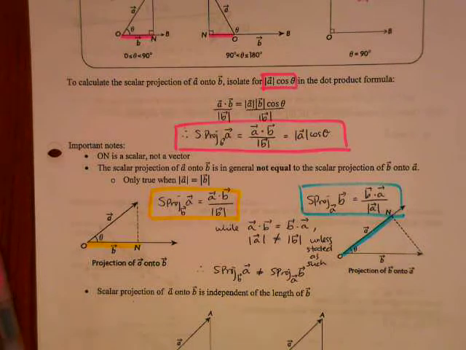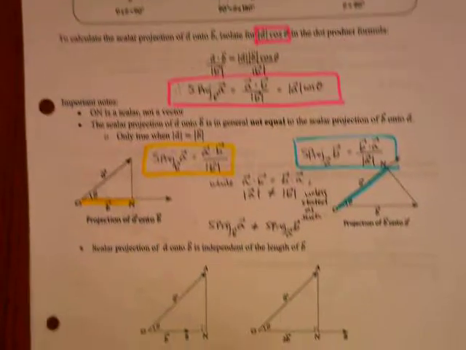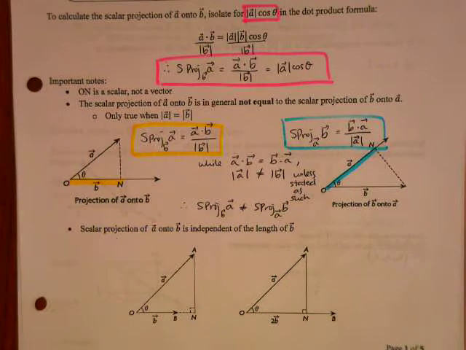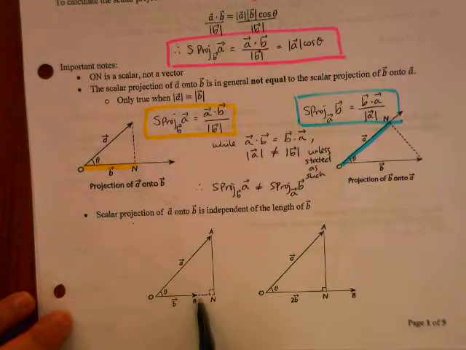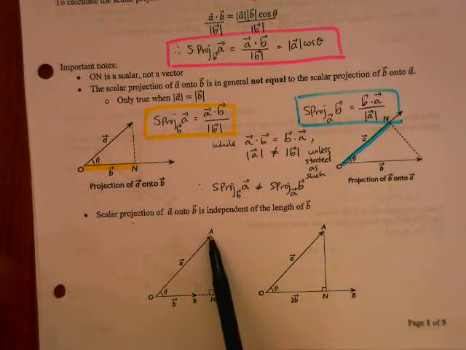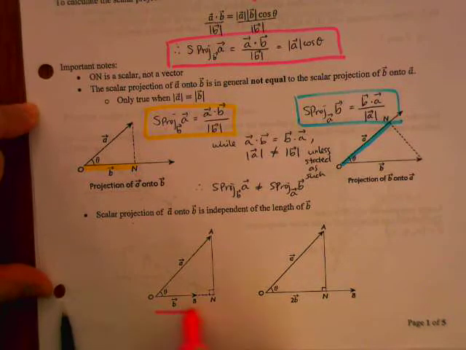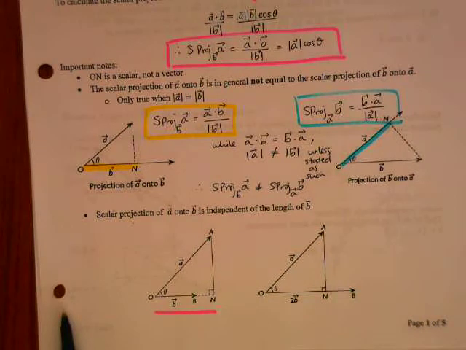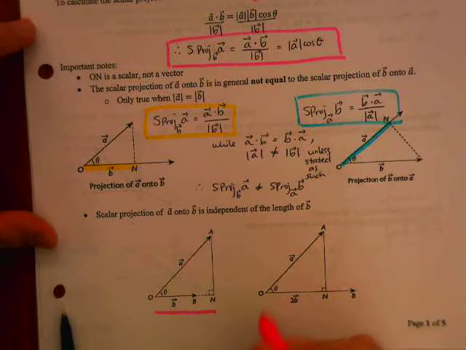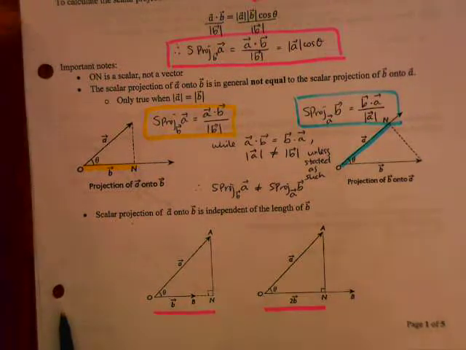And the last point that you need to keep in mind: the scalar projection of A onto B is independent of the length of B. In this case, if this vector B is this length, the projection of A onto B is this ON length. In this example, you can see that vector B is twice as long as in the previous example, but the scalar projection ON is still this same length.